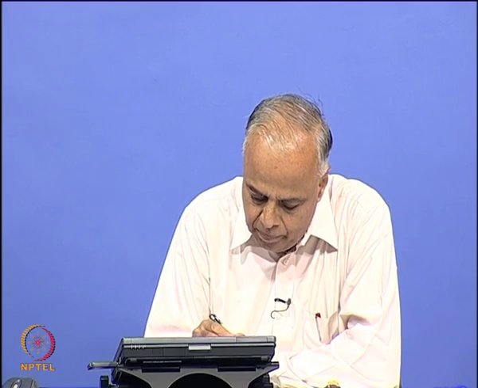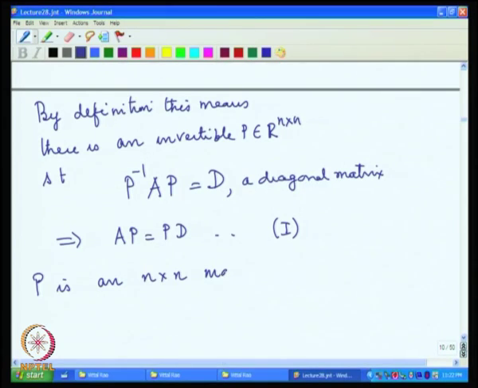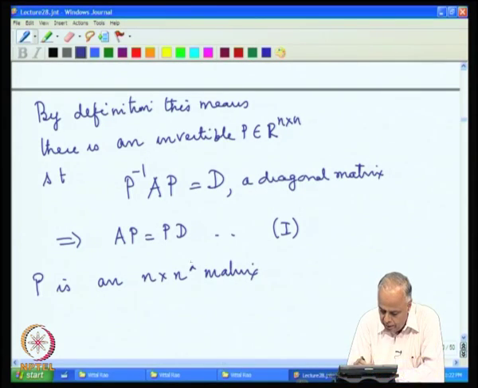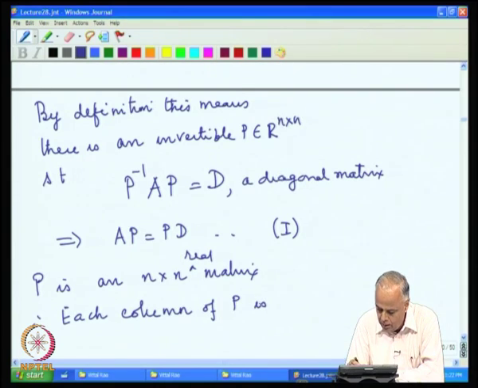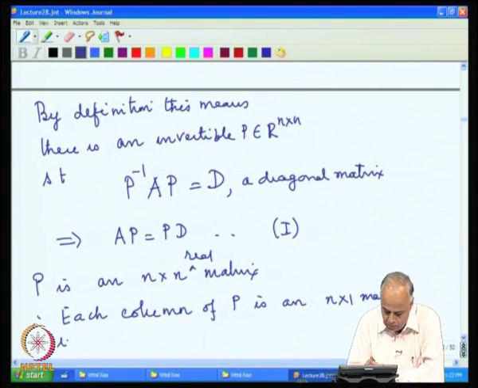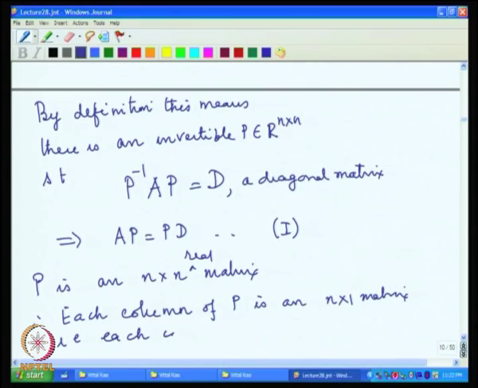So, P is an n by n matrix, it is real. Therefore, each column of P is a vector with n components.